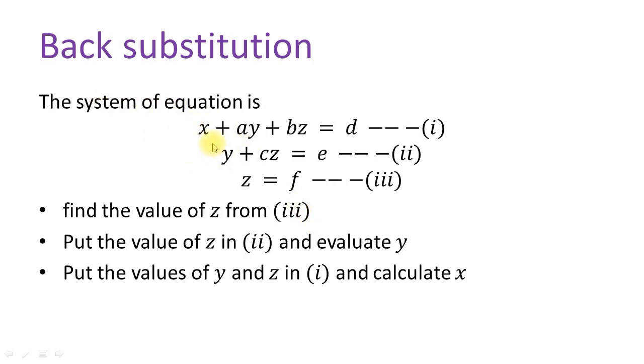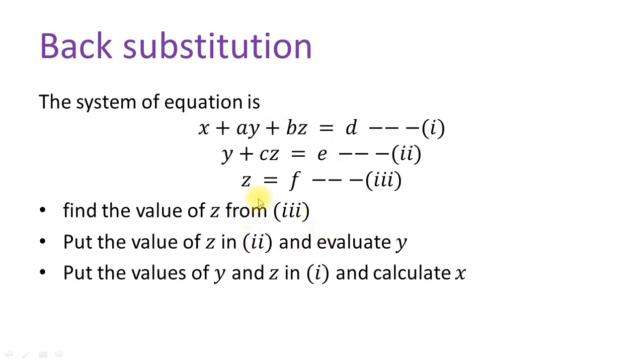So these are the back substitutions. Find the value of z from equation number 3, then put the value of z in equation number 2 and evaluate y. Find the value of y, and then put the values of y and z in equation number 1 and obtain the value of x.